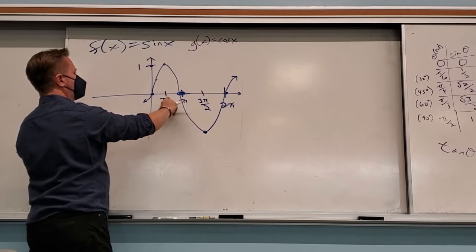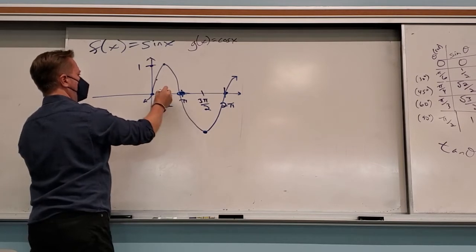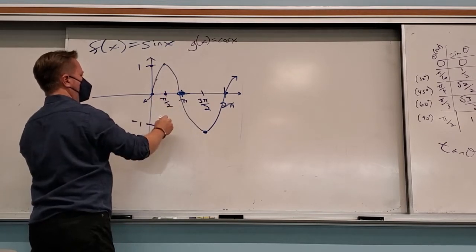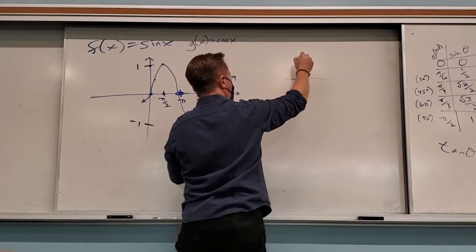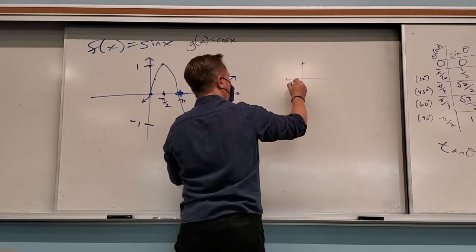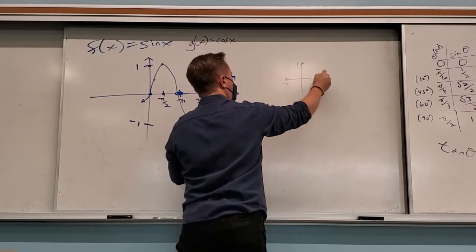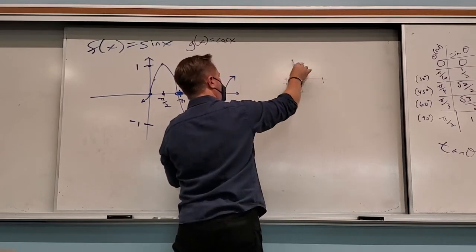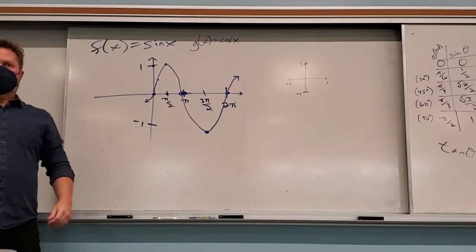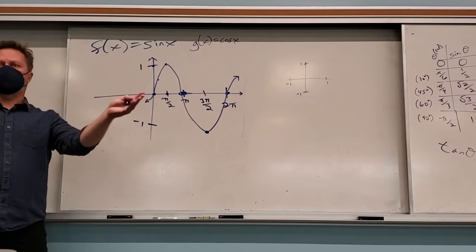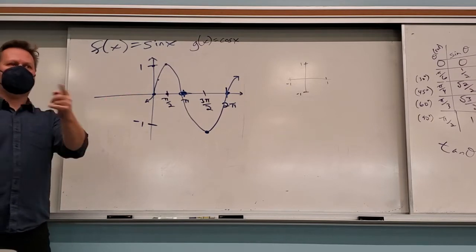What's cosine of pi over 2? 0. Right, so cosine of 0 is 1. Cosine of pi over 2 is 0. What's cosine of pi? It's all x, so what's cosine there? -1. It's the full thing. It's all cosine. Right? It's all x.